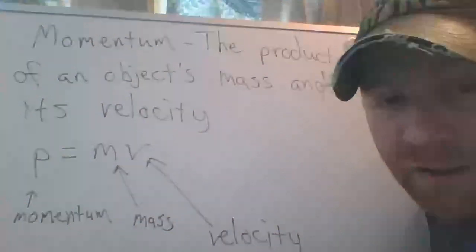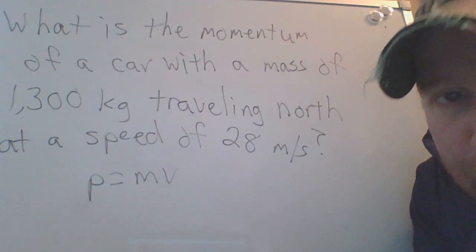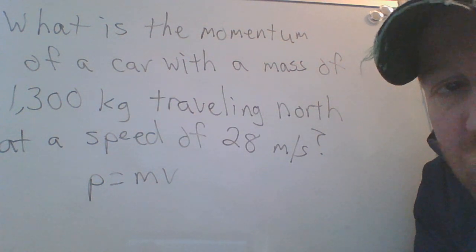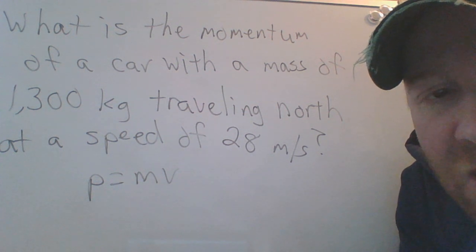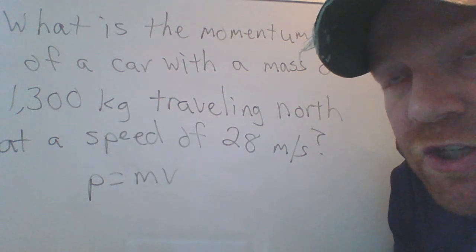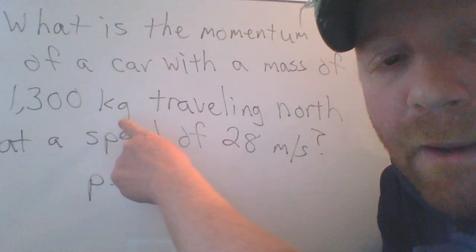I'm going to show you a quick example problem so you can see units and how to calculate momentum correctly. Okay, sample problem that deals with momentum. The question: what is the momentum of a car with a mass of 1,300 kilograms? Notice kg. That should give you a clue that that is a mass.